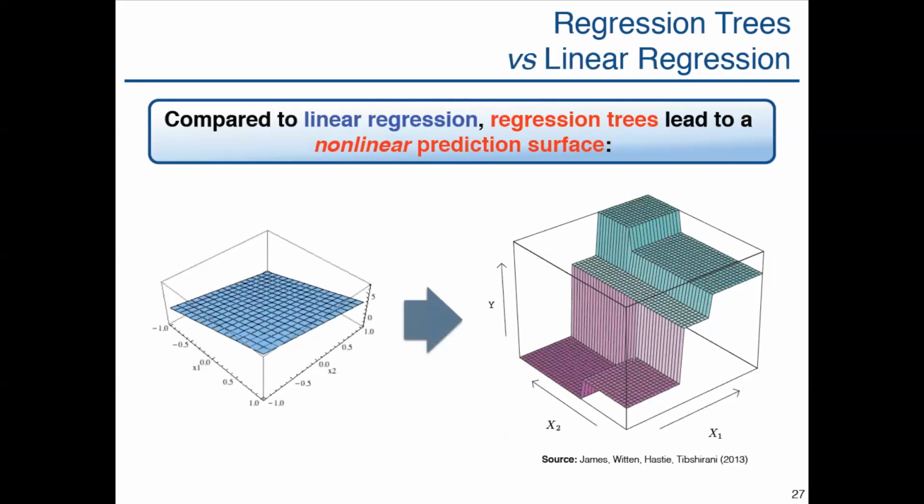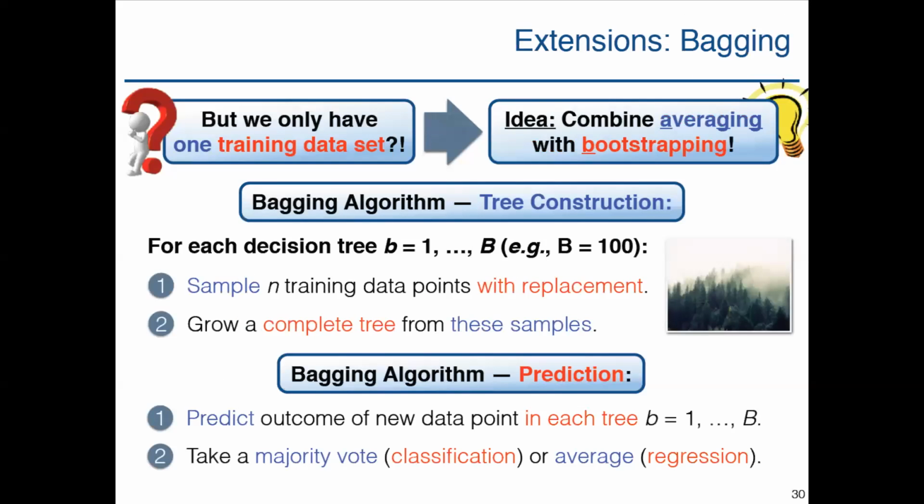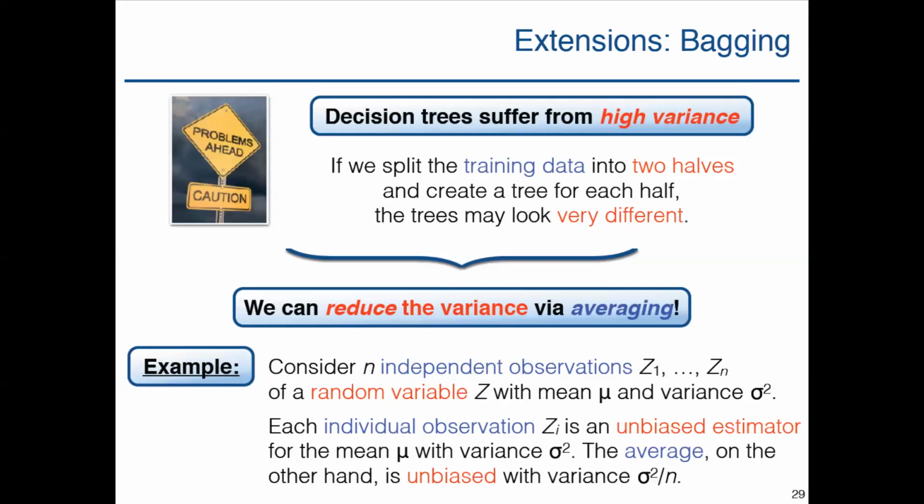अच्छा, now the problem is कि आपके पास in trees के case में ना, you have a lot of variance, and that is because अगर आप different training data use करें ना, so for example आप randomly assign कर रहे होते हैं training data, validation data and test data, आप randomly choose कर रहे होते हैं.